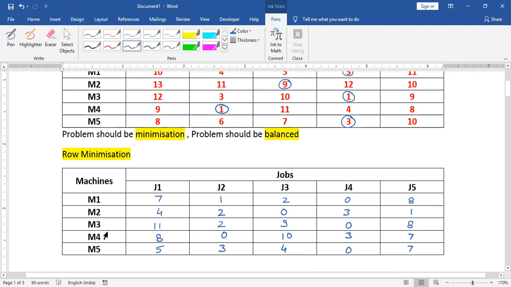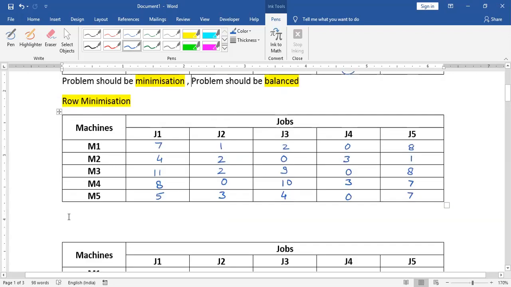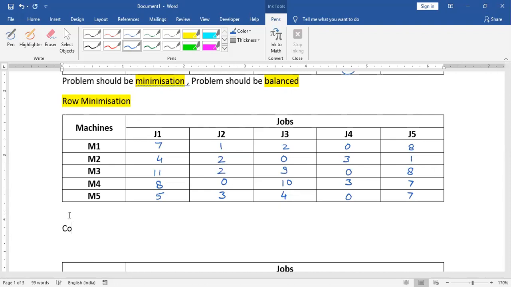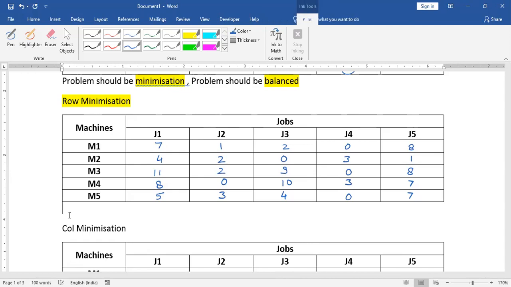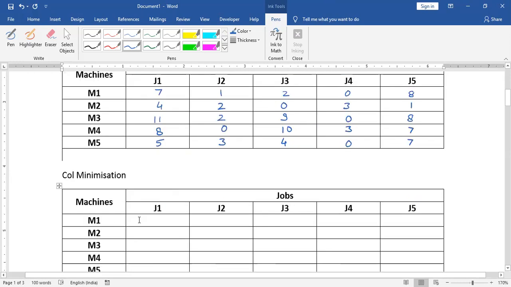Now after creating this new table, we will go for the next step, that is column minima or column minimization. In column minimization, we will find the minimum value of each column.